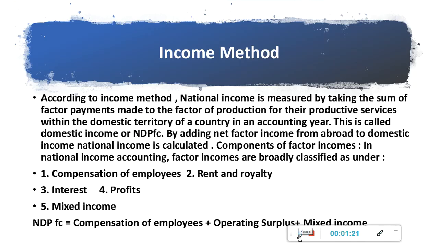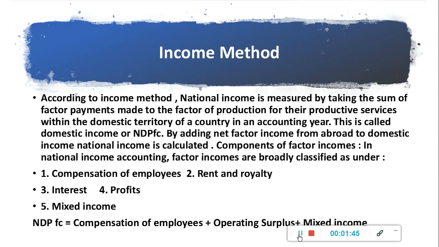You all are aware of the four factors of production: land, labor, capital, and entrepreneurship. Income earned by labor is known as wages, income earned on land is known as rent, income earned on capital is known as interest, and income earned by the entrepreneur is known as profit.